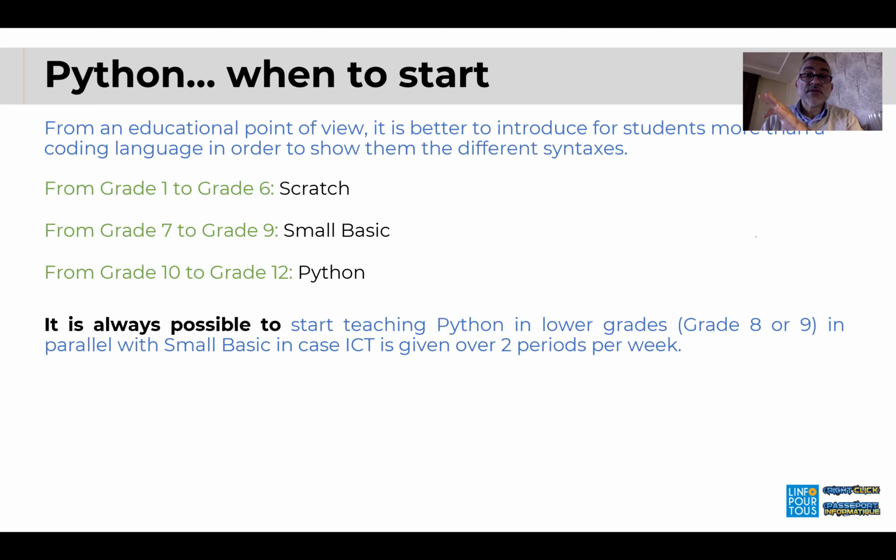It's always possible to start teaching Python in lower grades, from grade 8 till grade 9, in parallel with Small Basic, in case ICT is given over 2 periods per week. So you can go through giving grades 8 and 9 two coding languages in parallel, in case you have enough time for that.